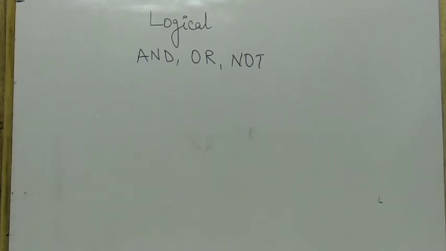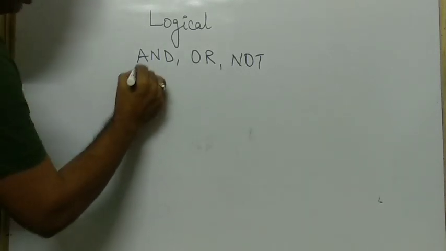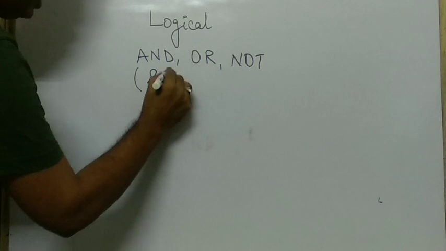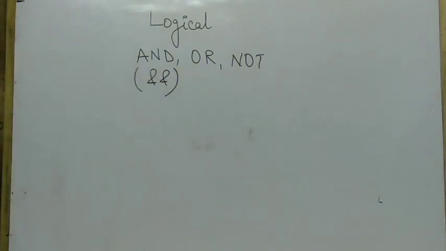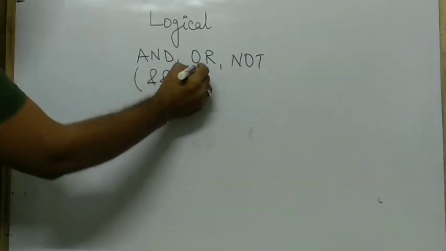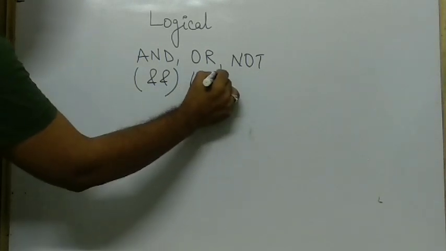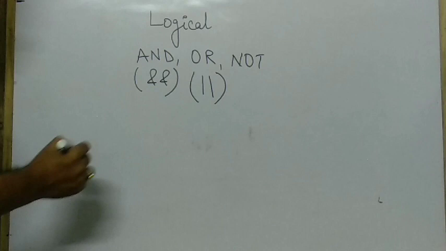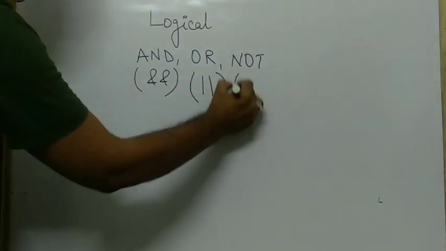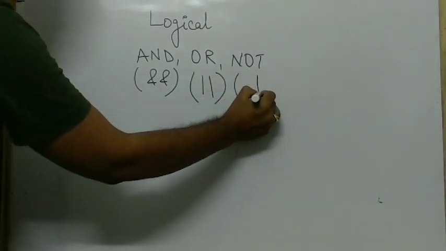These AND, OR, and NOT are denoted by special symbols in programming. AND is denoted by double ampersand, OR is denoted by parallel lines, which we call pipe in the program, and NOT is the exclamation sign.